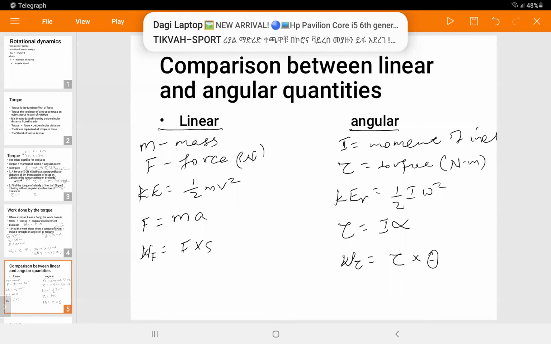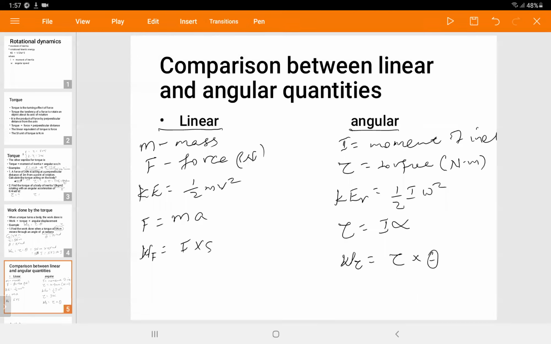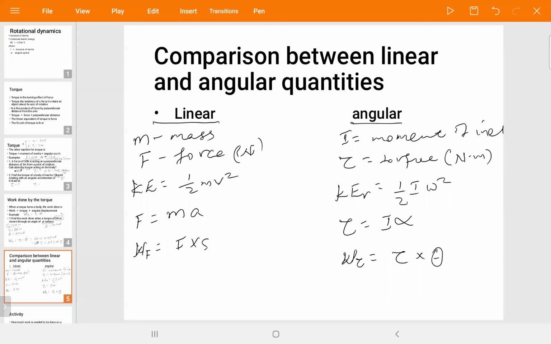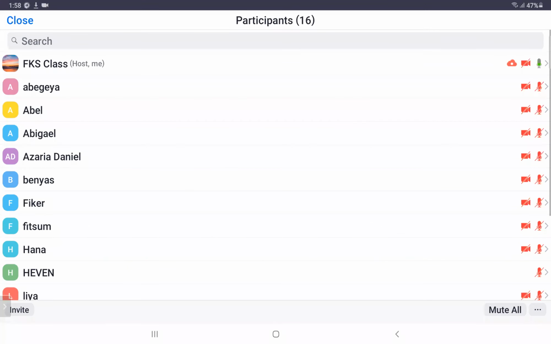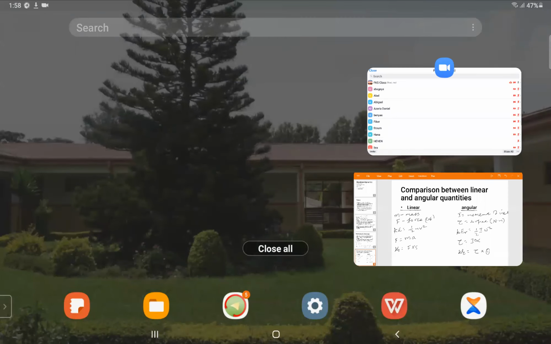For kinetic energy we have rotational kinetic energy, and for linear work done there is rotational work done.